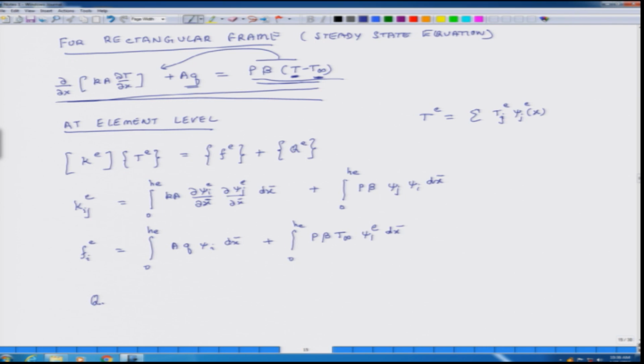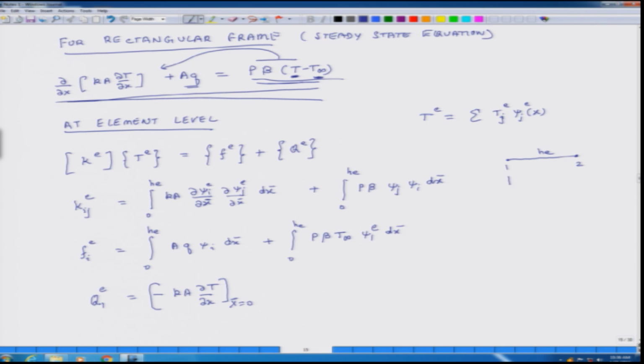And then Q1 E. Suppose we have a two noded element, this is node 1, this is node 2, and the length of the element is He. Then Q1E equals minus K A del T over del x at x bar equal to 0.